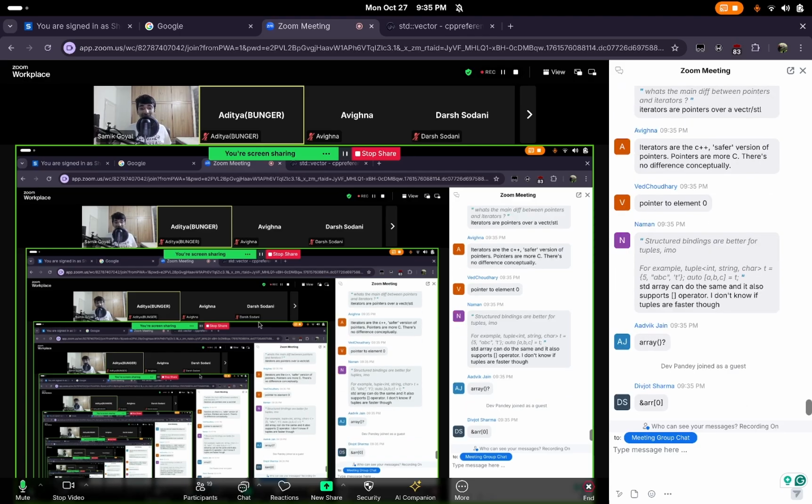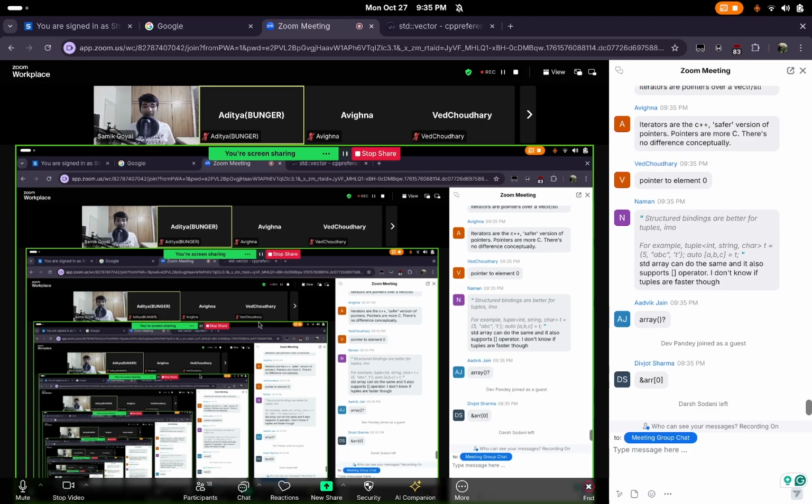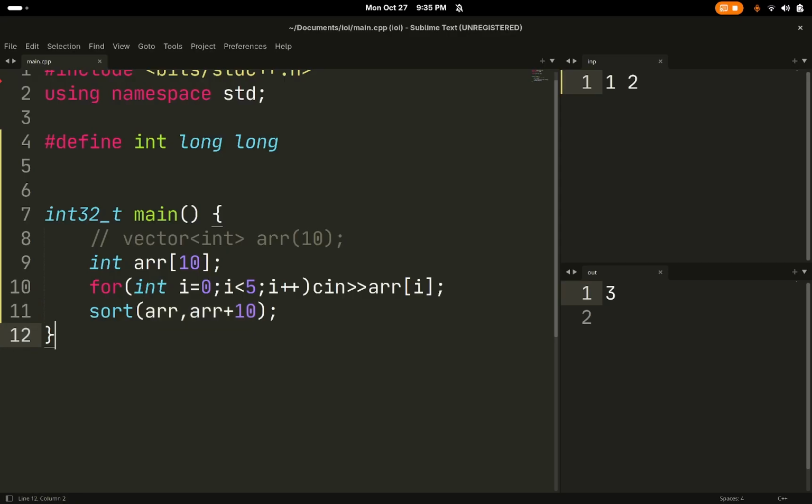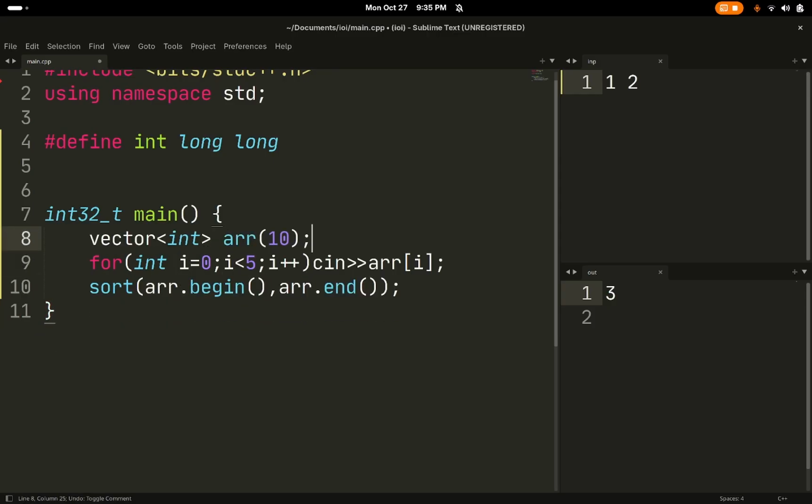It is a pointer to the first element. Yes, Devjot Sharma, that's correct. And plus 10 makes this a pointer to the element after the last one. Again, don't worry too much about this. Prefer using this thing because it's clean and it's pretty.